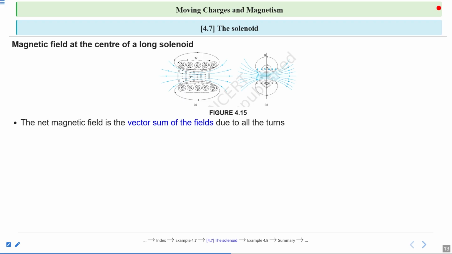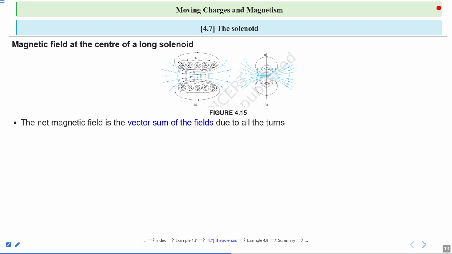Now you can see your fingers are curling in clockwise direction. You can see in the diagram also that the magnetic field loops due to subsequent windings are cancelling out. You can see the first two windings.